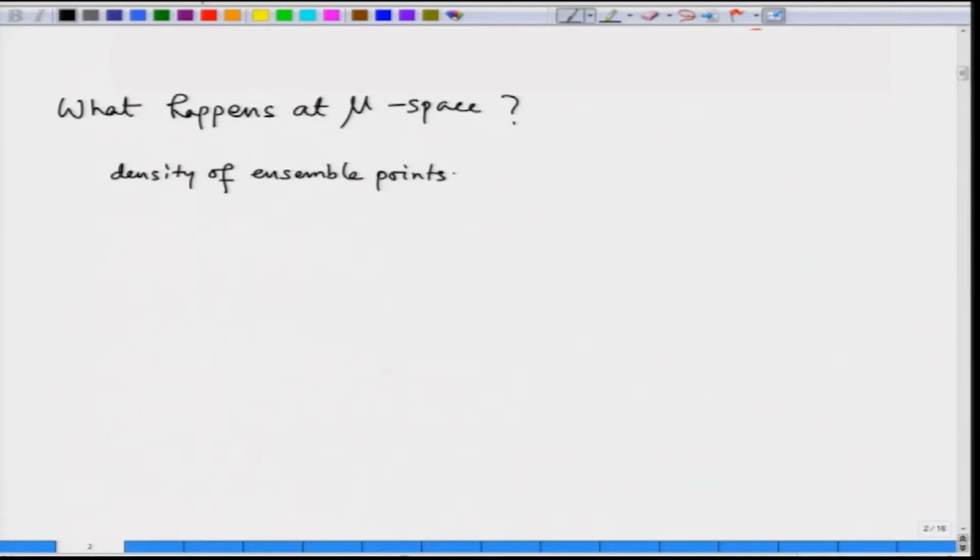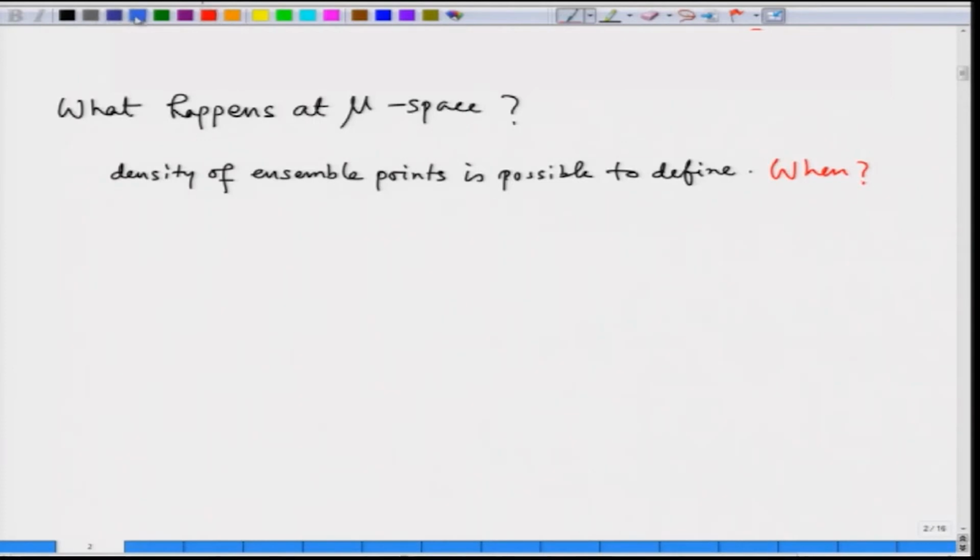But whenever I talk about density, you have to remember that every single point in mu space is a single particle state at a given instance. So, density of ensemble points is possible to define. Now, the question is when.